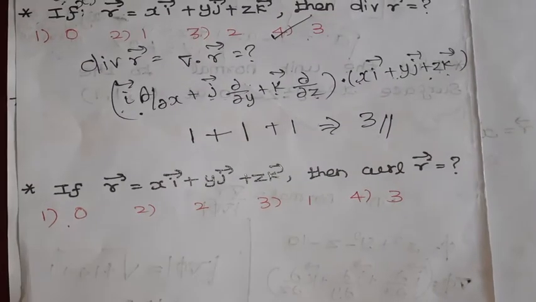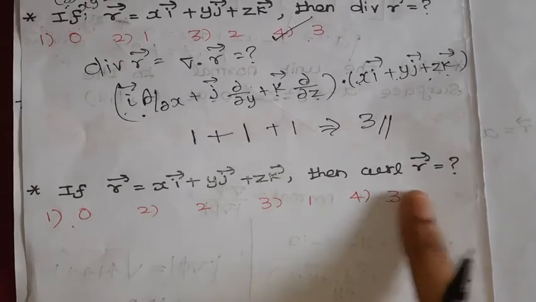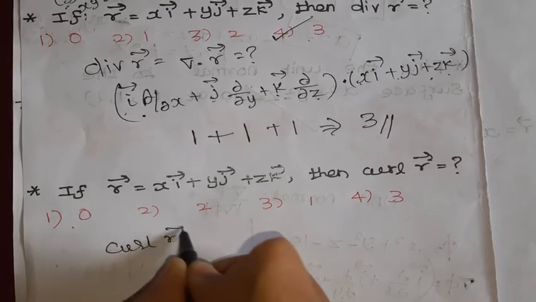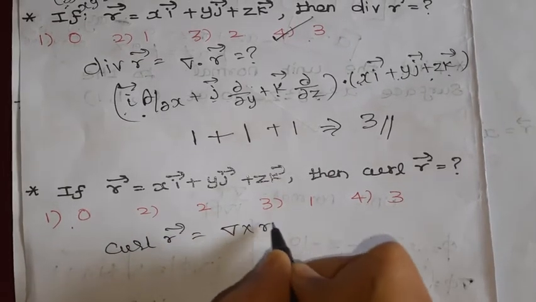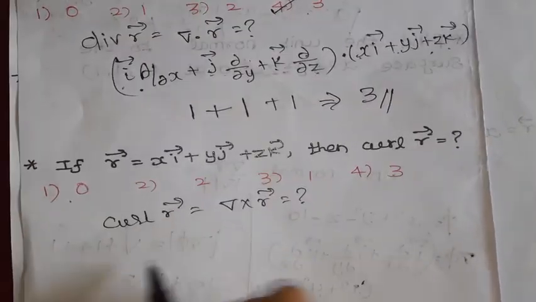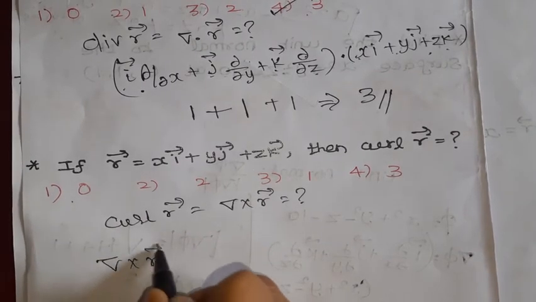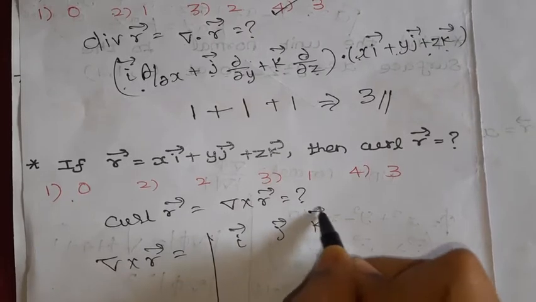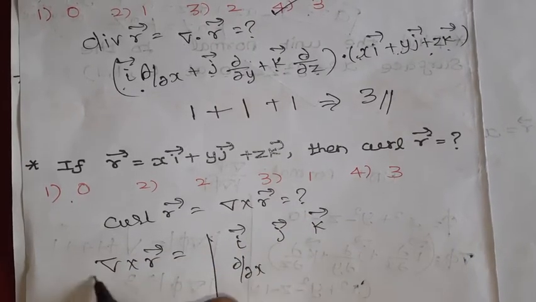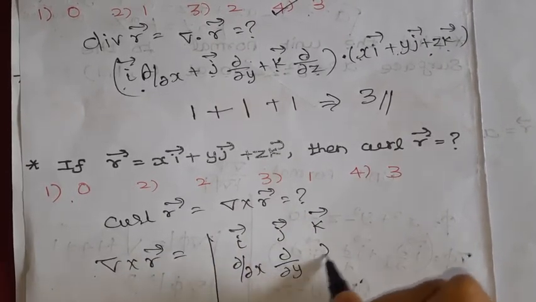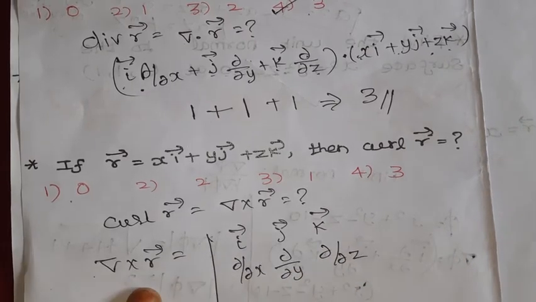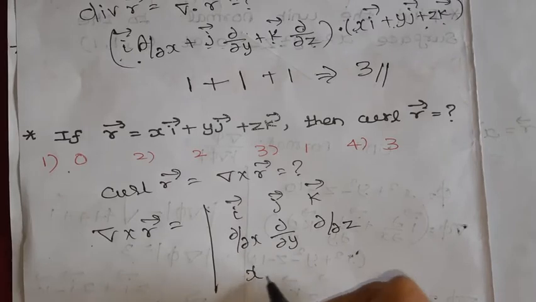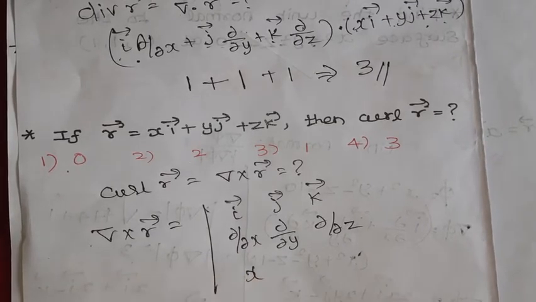Next, for the same R vector, we are going to find curl R. Curl R means del cross R. What is the process? Del cross R is equal to the i, j, k determinant method: i, j, k, then dou by dou x, dou by dou y, dou by dou z, then the R vector xi plus yj plus zk, so x, y, z.